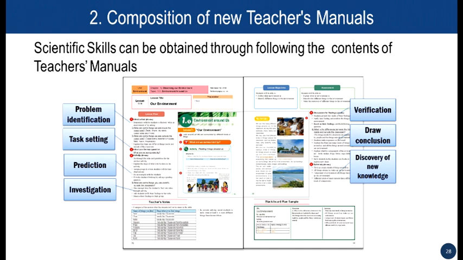They have to express themselves, what they think. Then they do the investigation. After they do the investigation, they have to discuss and verify their findings. After verifying their findings, they will draw conclusion. This will lead to discovery of a new knowledge.